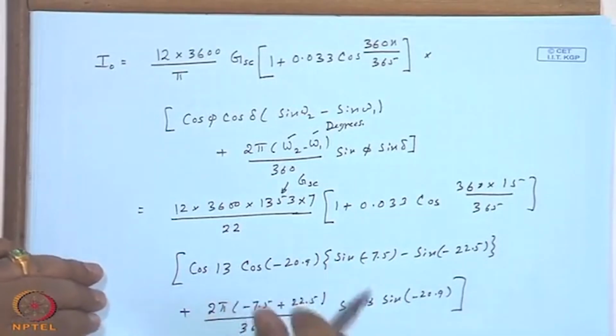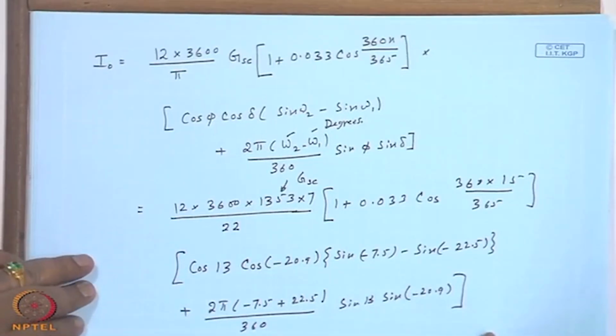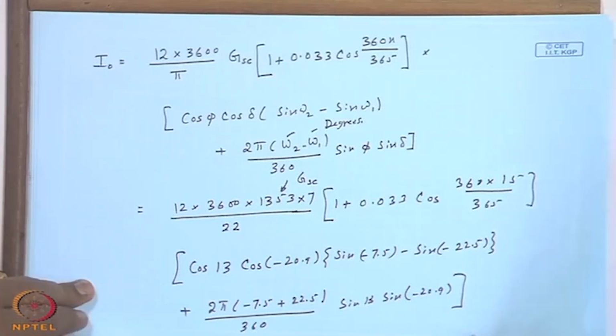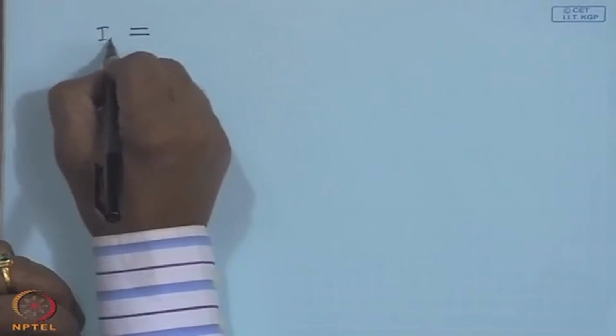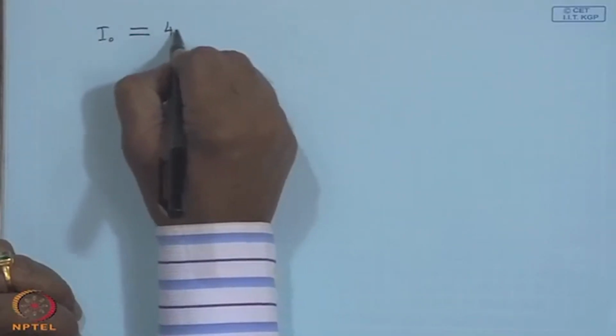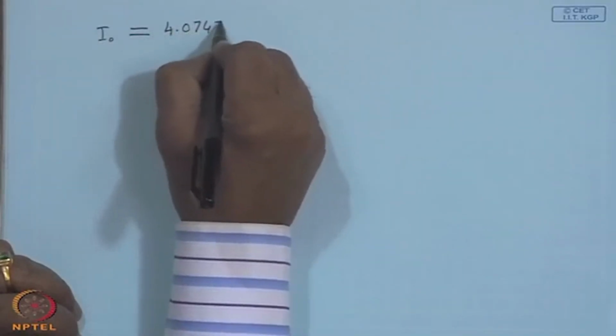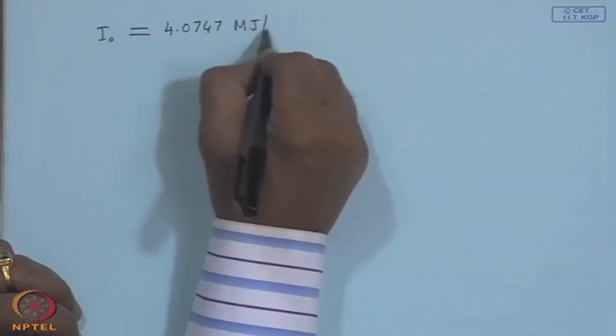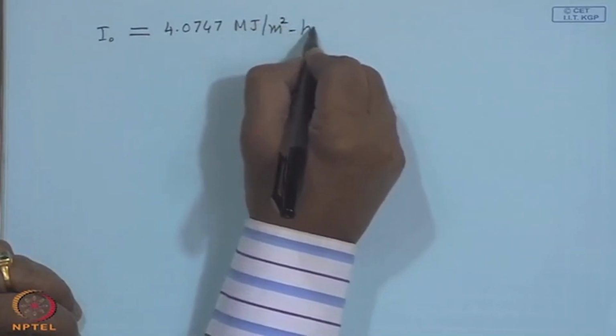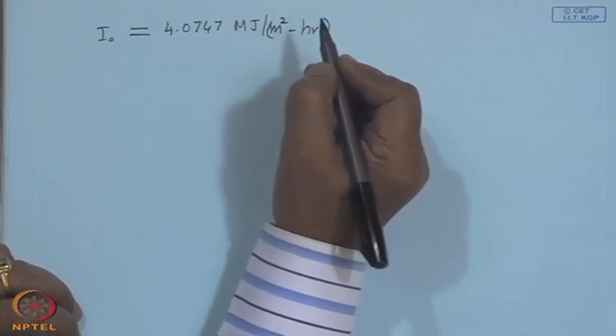So, you can check each number, pause your videos and check whether the formula is written or not, and then you can calculate. So, if you make this long calculation, the answer will be I0 equal to 4.0747 megajoules per meter square hour according to our notation.